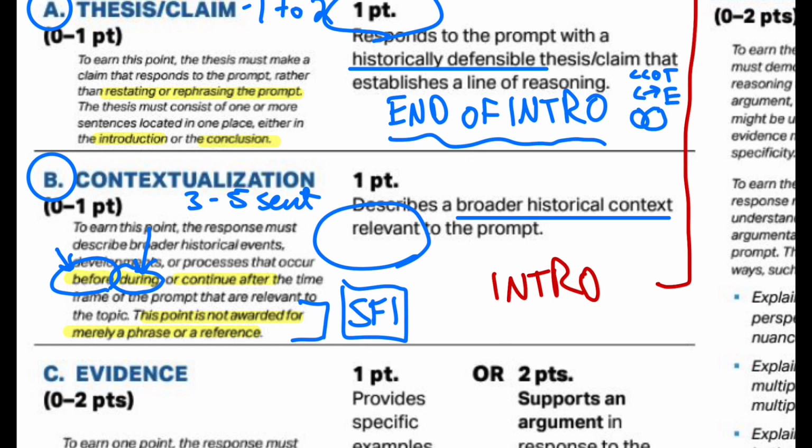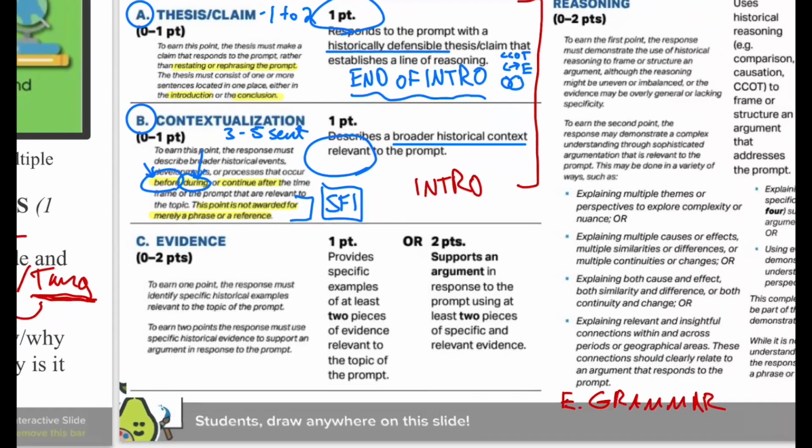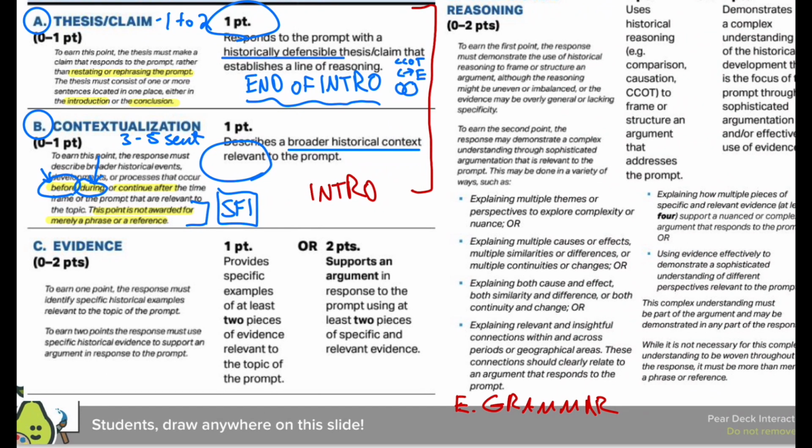Then you're going to go to your body paragraphs. Your body paragraphs are going to be eligible for 2 evidence points and 2 analysis points. So the very first sentence in your body paragraph needs to be the topic sentence.